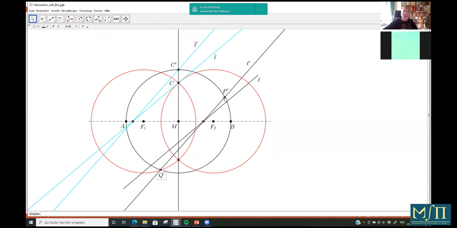And if we know that P prime is here, then it's easy enough to find P now because we know that P is simply the point on L where the line perpendicular to the major axis of the ellipse through the point P prime intersects.